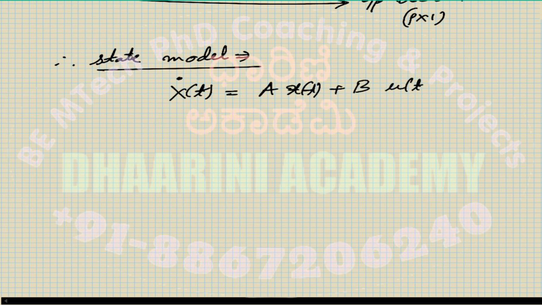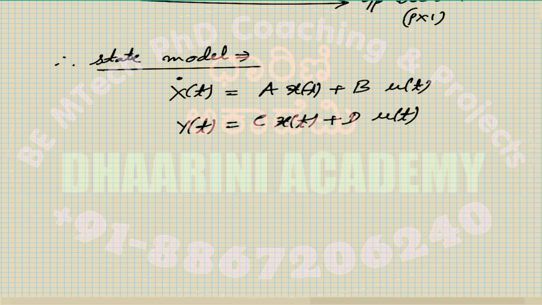Similarly, write y of t also in the same format, C into the state x of t and another matrix D into u of t. So this is what is called as a state model. First equation is a state equation. The second equation is output equation, right? So writing like this itself is what is the target for us.